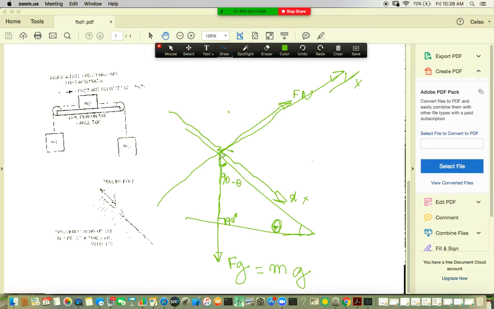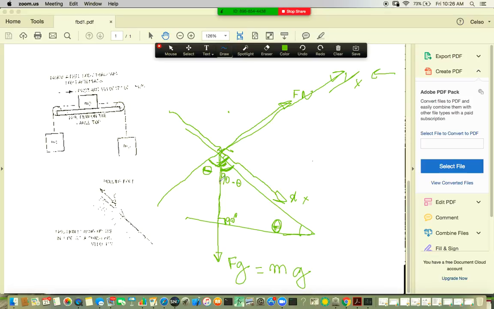Yes. Okay. Now, at the same time, your normal force as well as your y-axis, they both make an angle of 90 degrees with the x-axis. So if this angle is 90 degrees and this angle is 90 minus theta, therefore this angle here must be theta.